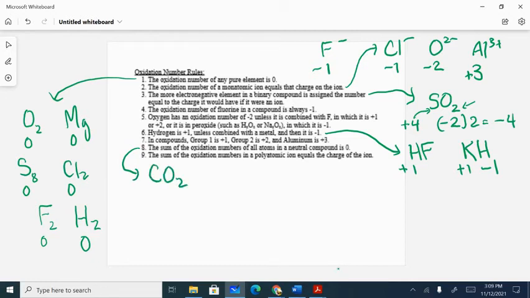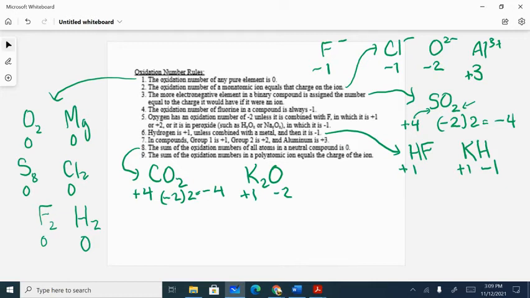CO2. Oxygen is -2, but there's 2 of them for 4 minuses in the back. So carbon's oxidation number is +4. Again, oxygen's a -2 every single time. Each of these is a +1.